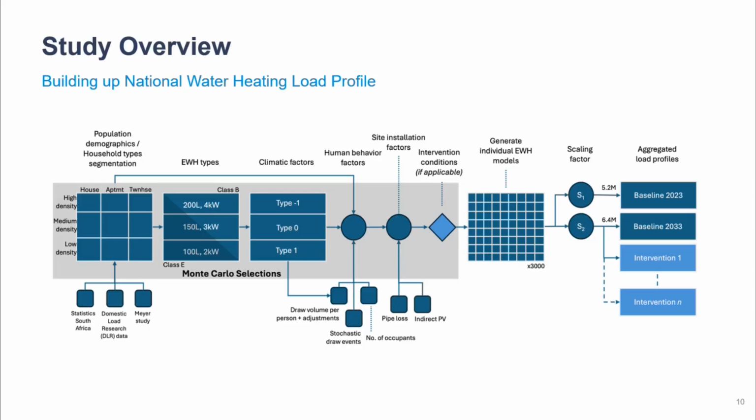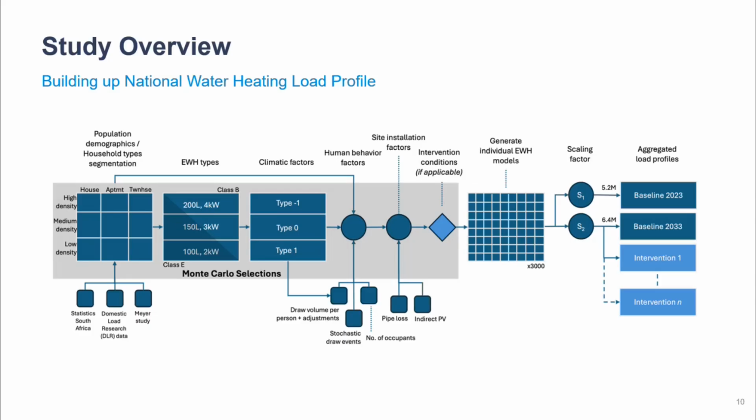As part of the baseline, given all of these variables, through a Monte Carlo selection we generated 3,000 geyser trends, which we then used a scaling factor on to get 5.2 million for the 2023 baseline. For the forecast, we did the same thing. This was a baseline where, if no intervention is made, we just allow the market to run as normal.